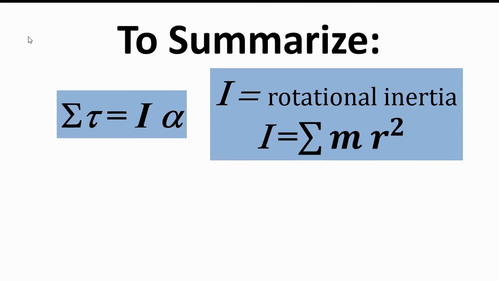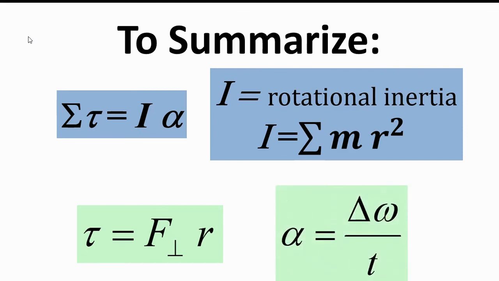As you solve puzzles, you will find it useful to remember a few other relationships as well. In particular, the definition of torque. To calculate the torque that a force provides, the torque is always equal to the perpendicular component of the force multiplied by the lever arm, or the distance away from the axis of rotation that the force is applied.